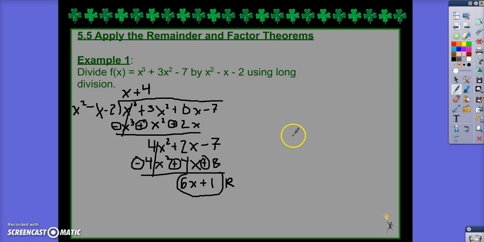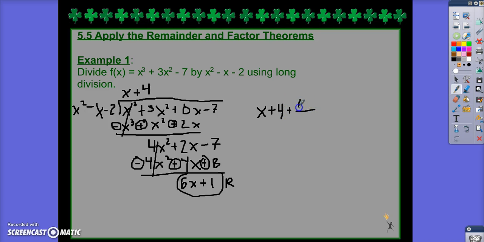So I can't divide anything else. My answer now is x plus 4 plus, and if you remember back in the day, if you had a remainder, you'd put like r, or we could write it as a fraction.